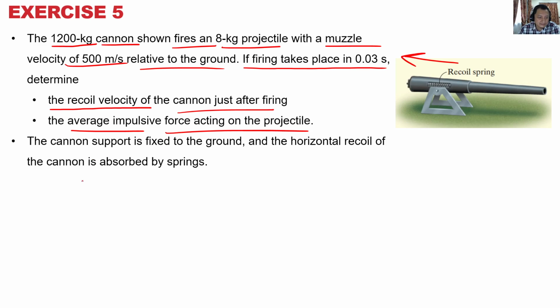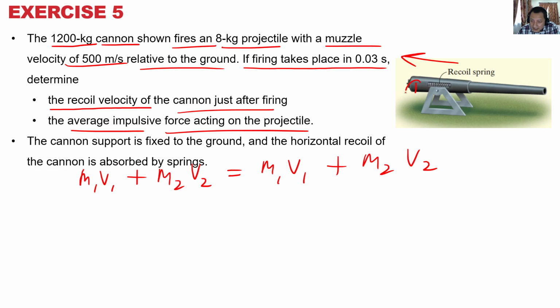We'll do part of it. So M1V1 plus M2V2 equals M1V1 plus M2V2. Let's take cannon as 1. The ball probably here is 2.